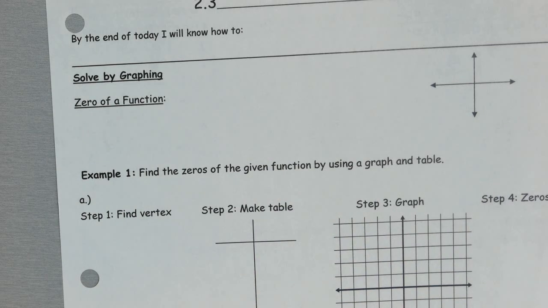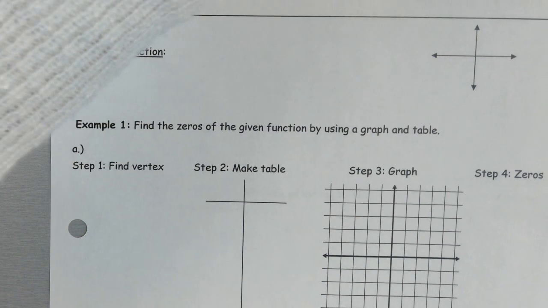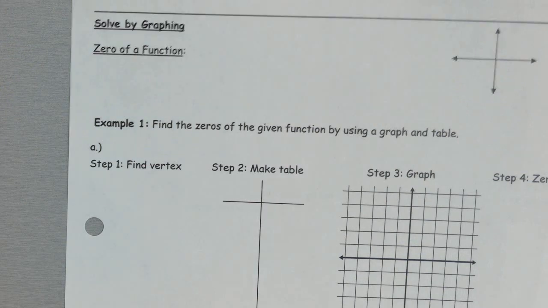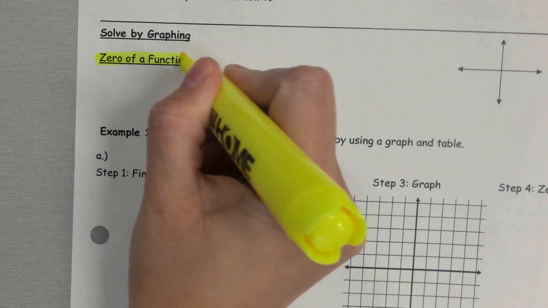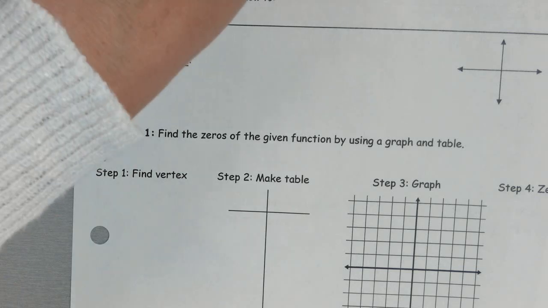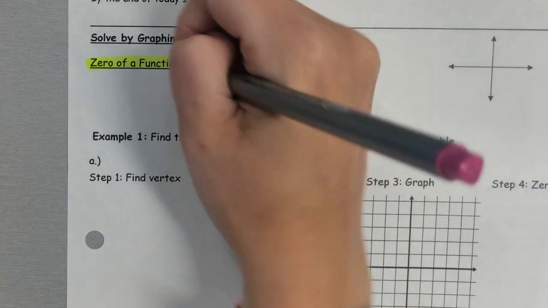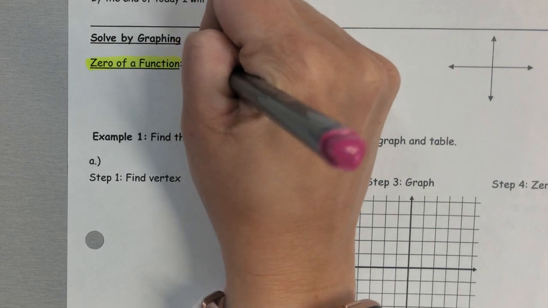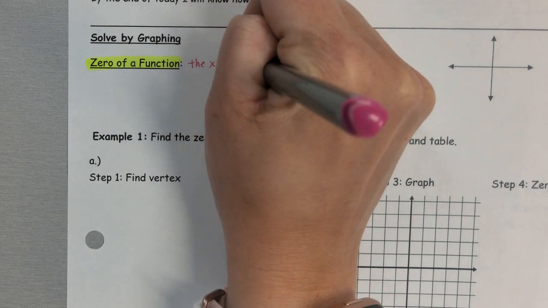When you're solving a quadratic equation, there are many names for the solutions. The first name is a zero. The zeros can be found from the x-intercepts on the graph.